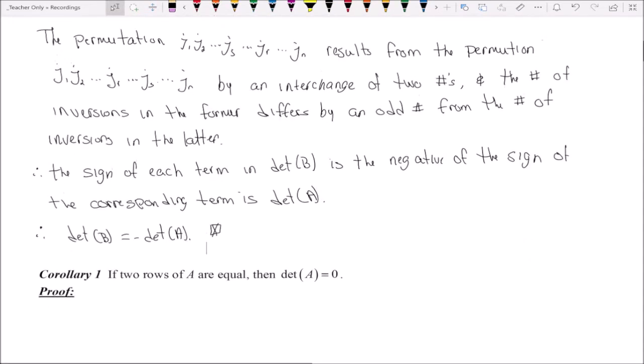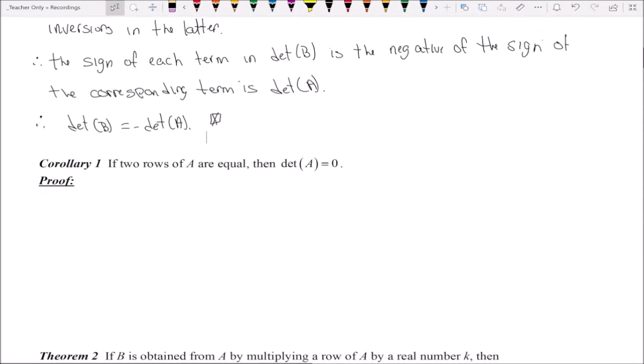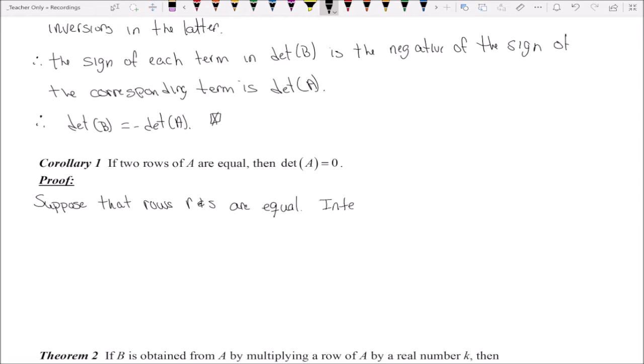As a direct corollary of this, if two rows of A are equal, then the determinant of A is 0. So we shall suppose that rows R and S are equal. Interchange these two rows.